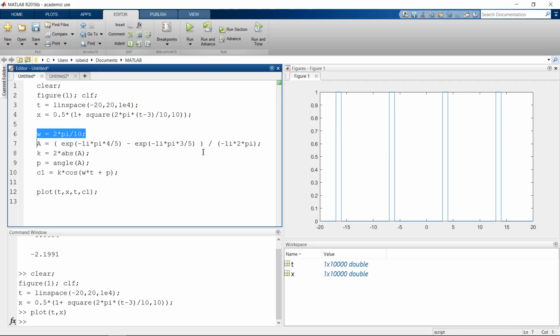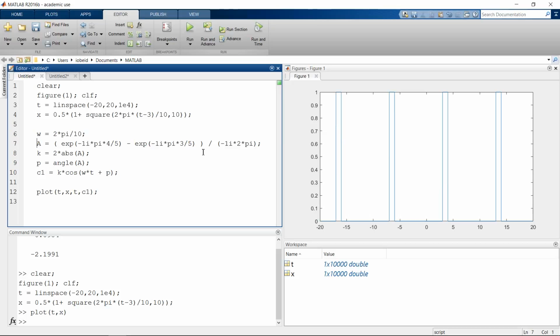So we're working with a cosine with this frequency. Here is our value of A typed out again. And then I've said that k is twice the absolute value of A, and p is the phase angle of A. And then finally, c1 is the cosine, k cosine omega t plus phase.